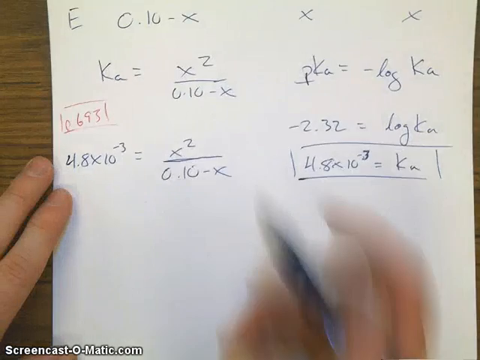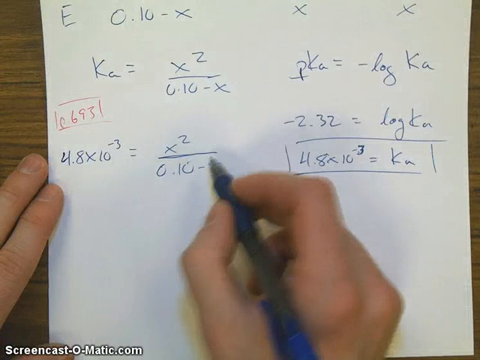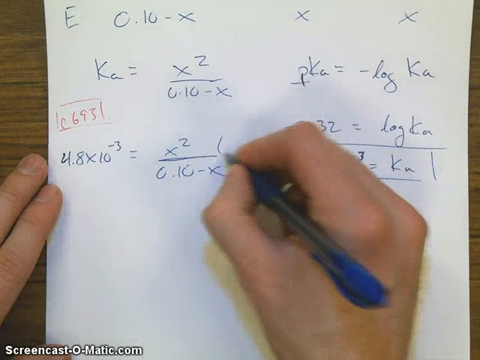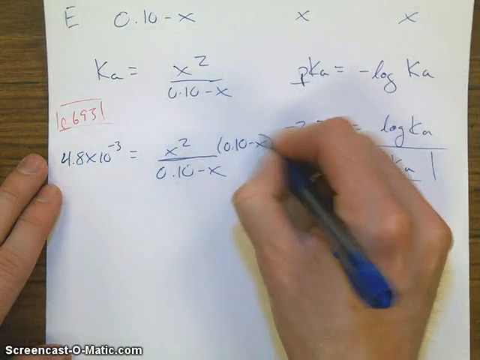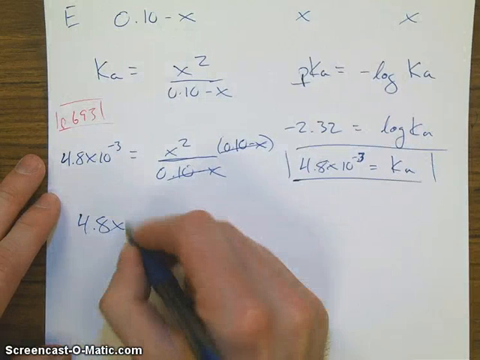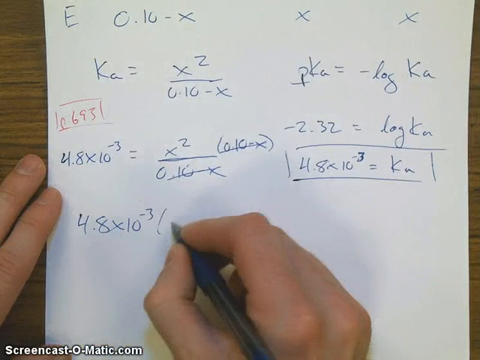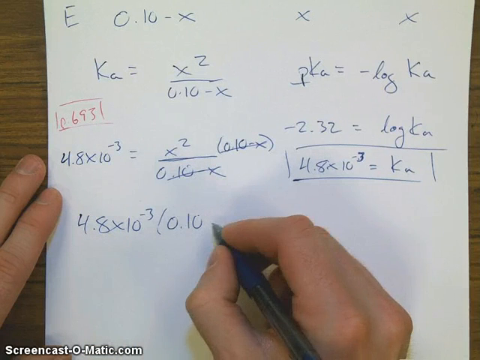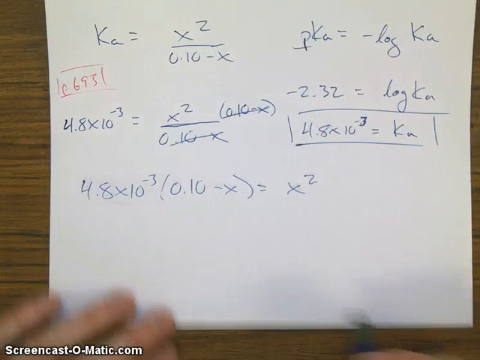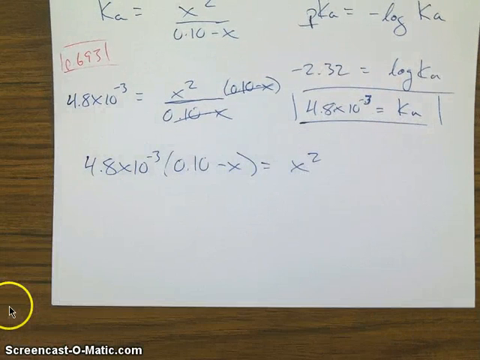Okay, so I'm going to actually do the quadratic. So I'm going to multiply both sides by 0.10 minus x. When I do it to that side, it goes away. So then I end up with 4.8 times 10 to the -3rd times 0.10 minus x equals x squared. Then I'm going to take this and multiply it by both of these terms.